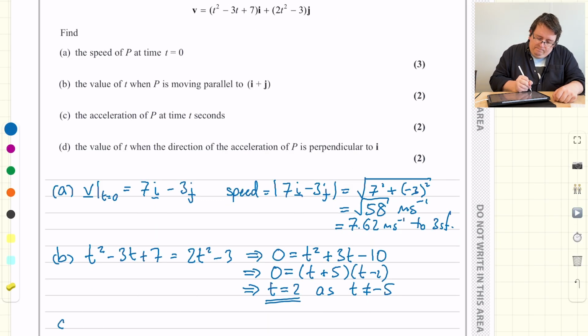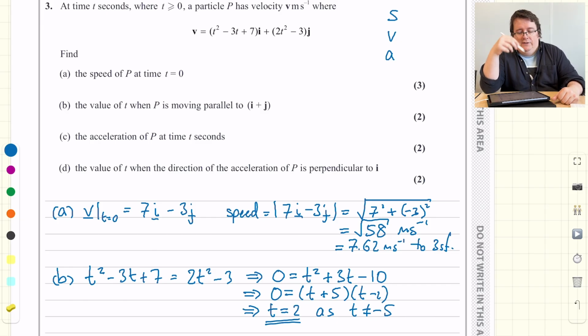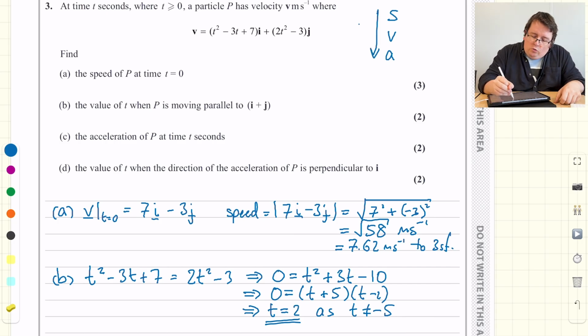Part C, the acceleration of P at time t seconds. So when you're working with variable acceleration, think suvat, but ignoring u and t, right? So you've got displacement, velocity, acceleration, and you differentiate your way down and integrate your way up.